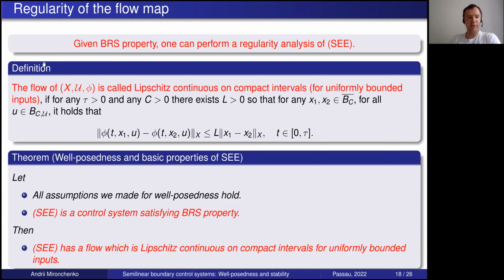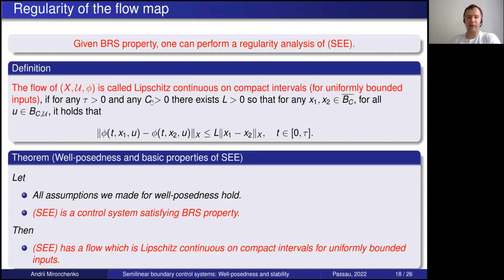In particular, it helps to get further properties of the flow map. We say that the flow of a control system is Lipschitz continuous on compact intervals if we have such a bound for all times on a finite interval and all x1, x2 from a bounded set.